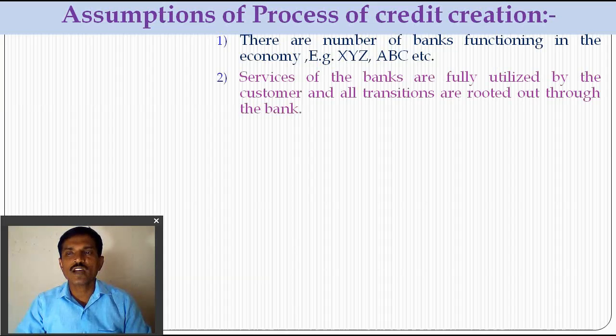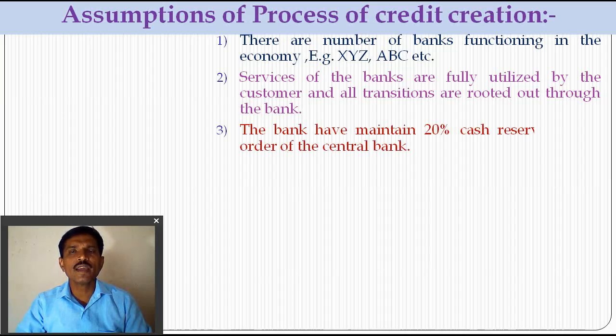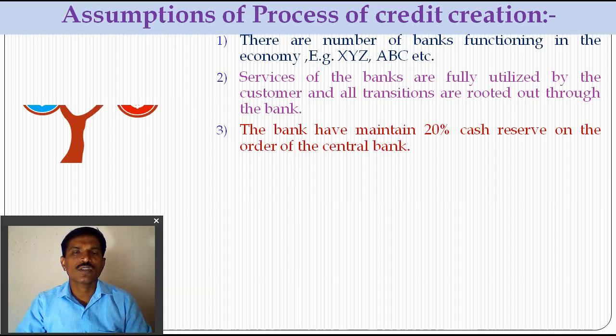The services of banks are fully utilized by the customers, and all transactions are routed through the banks. So all transactions of the economy are completed through the banks, it's assumed. The next assumption is that the banks maintain a 20% cash reserve ratio with respect to their total cash.